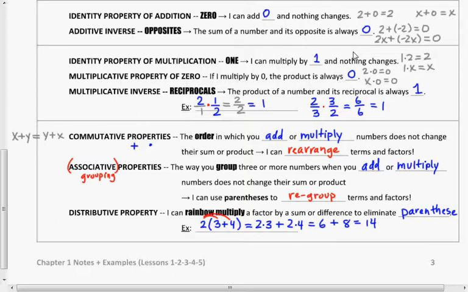Whereas the associative property is going to involve 3 values. If you have x plus y plus z, and you've grouped the x plus the y, you can regroup those and make it x plus the quantity y plus z. So that would be an example of the associative property that says you can use parentheses to regroup things. So give H1 a try.